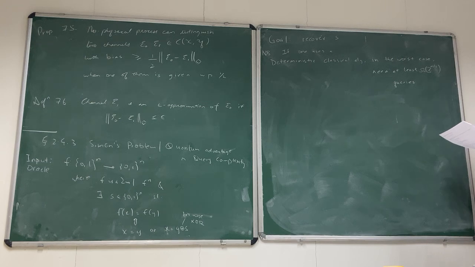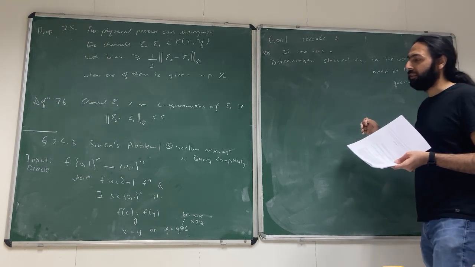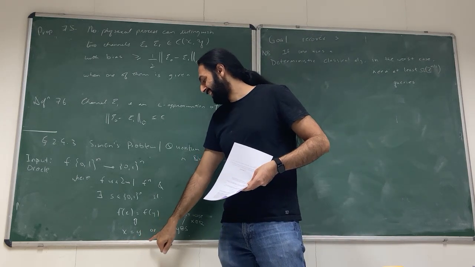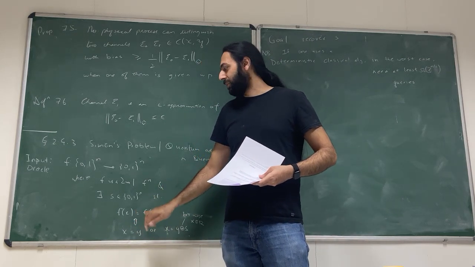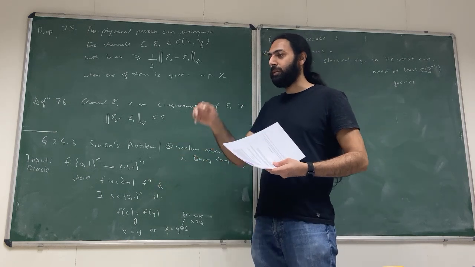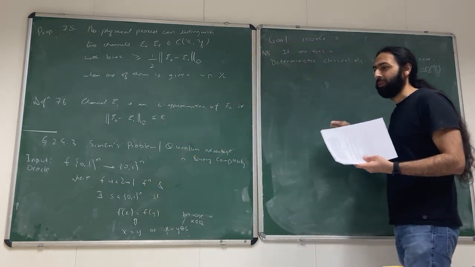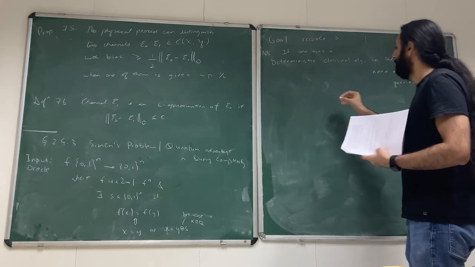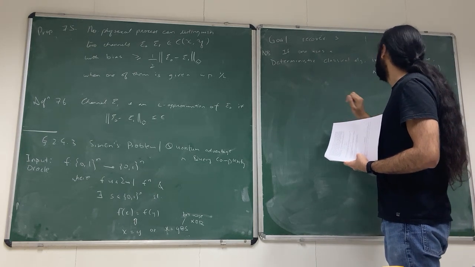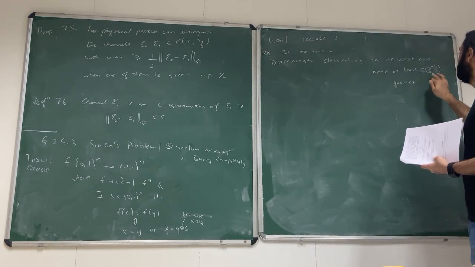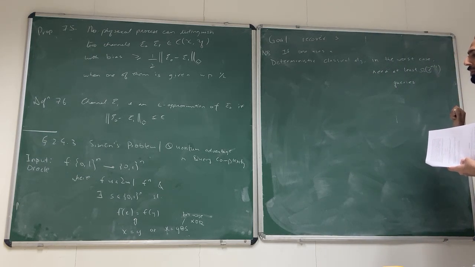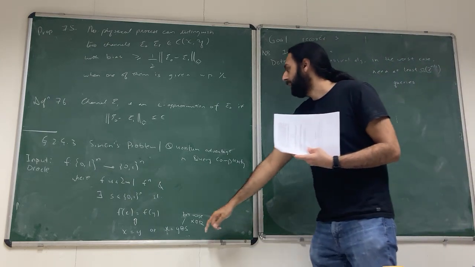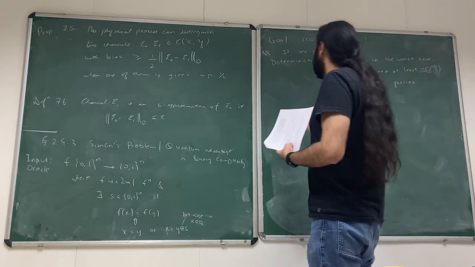Why is that? Because it could be that every single point that you've queried just happens to be such that there was no collision. Because it's a 2-to-1 function, so half the inputs are going to map to a different output. So it's possible that you had bad luck and you never found a collision. If you don't find a collision, then you cannot learn anything about s. Okay, so deterministic doesn't work.